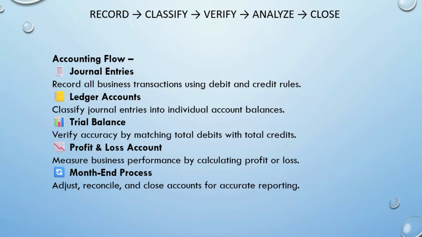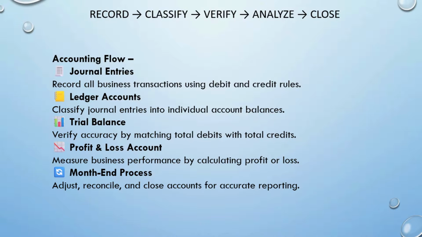Finally, the process is record, classify, verify, analyze, and close. Recording is the journal entry. Classify with the help of the ledger, whether it is raw material, inventory, furniture, or expenses. How do we verify?